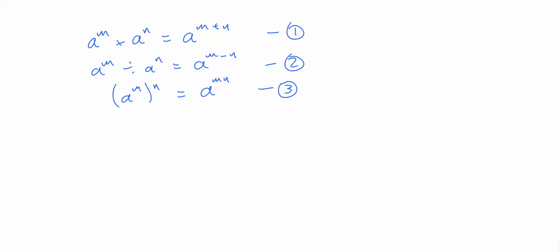M and n could be the square root of 2 itself, or it could be pi or any other irrational number, but we usually stick to just rational numbers.